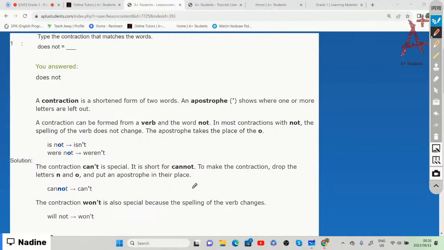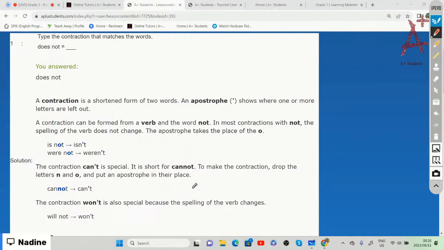To make the contraction, we need to drop the letters N and O within the word cannot, and then we put the apostrophe in that place.